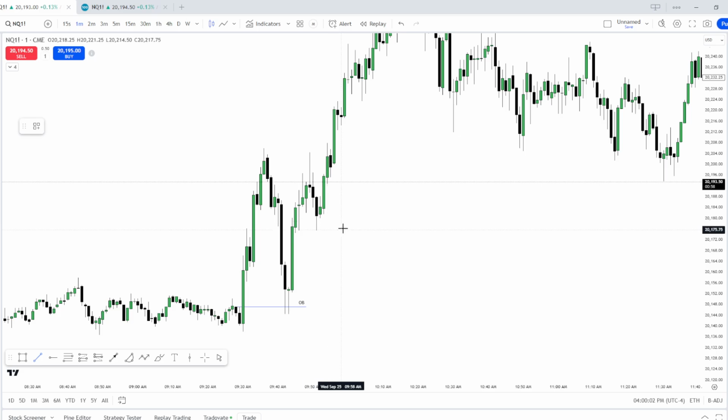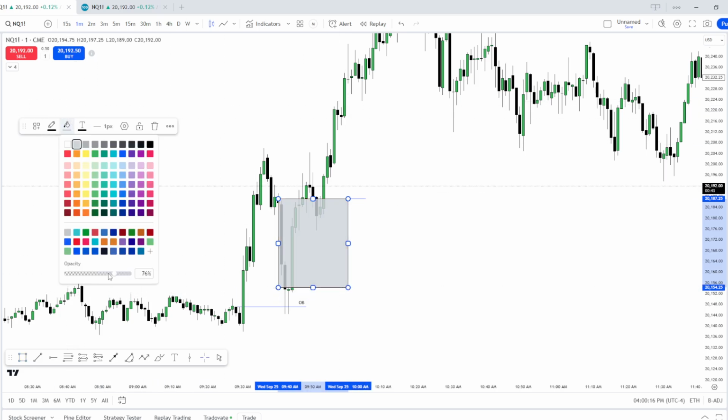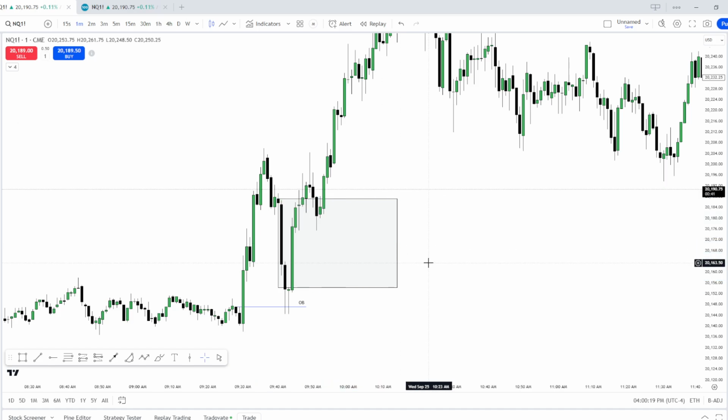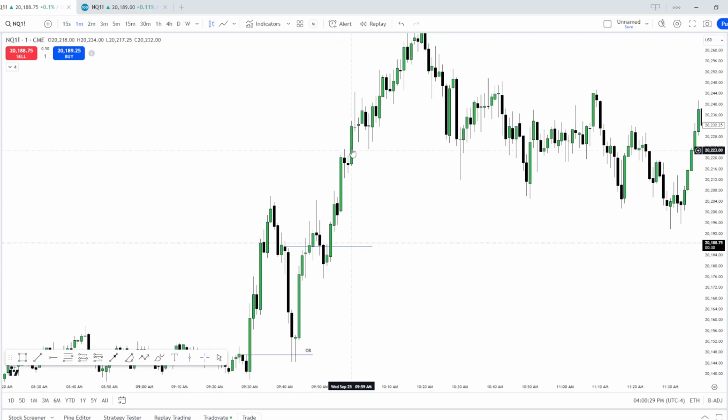And even with this set of bearish candles before this run up, you could classify this as an order block. I'll mark this up with a box: this entire area you can classify as an order block, because this is the last bearish move before the opening price of the bearish move got closed above. And we can clearly see price retraces back into that order block and prints to the upside.